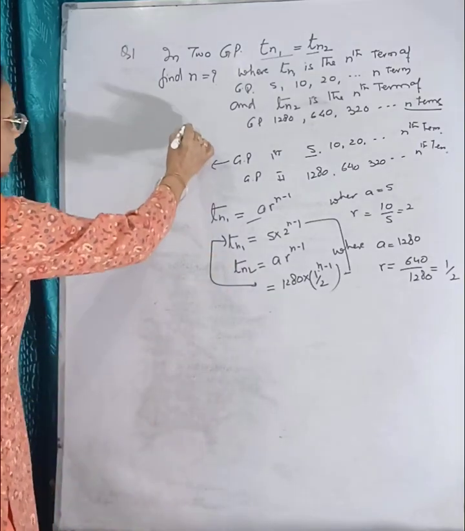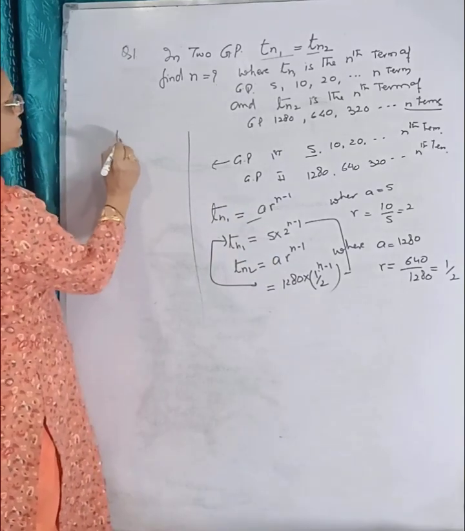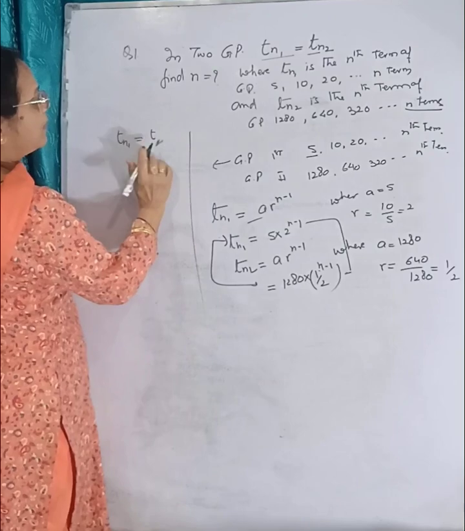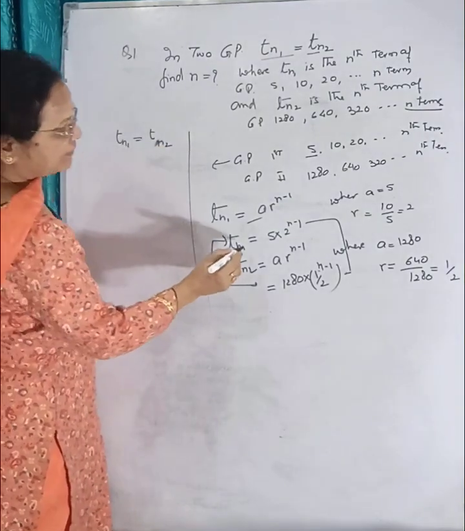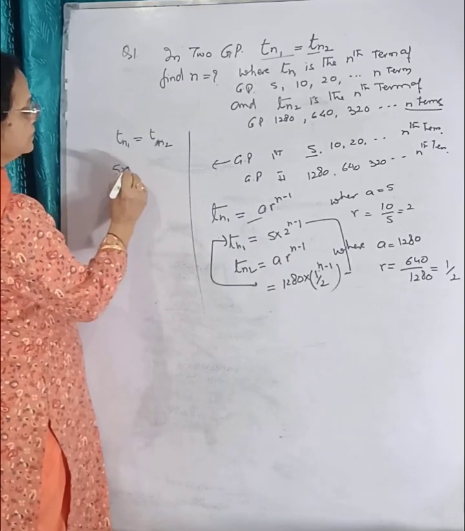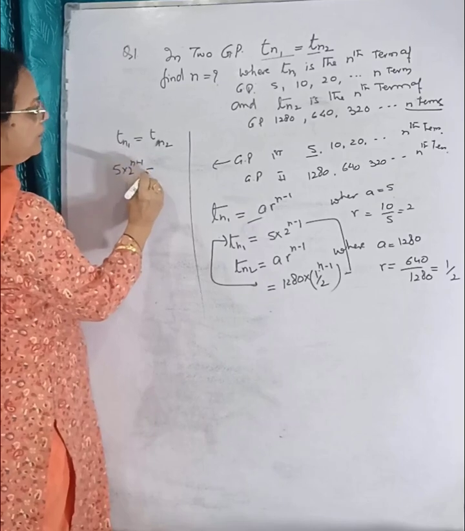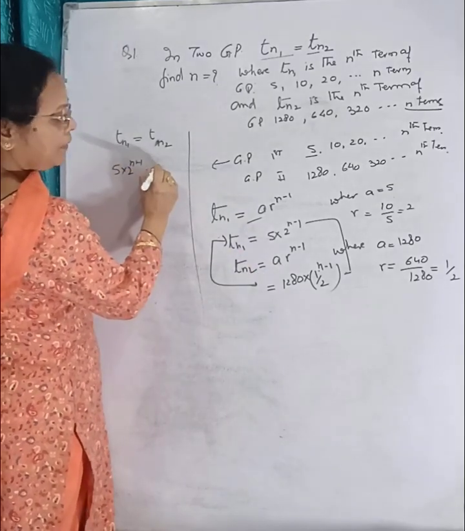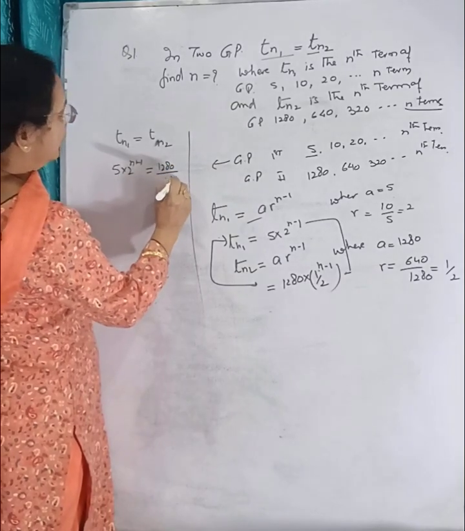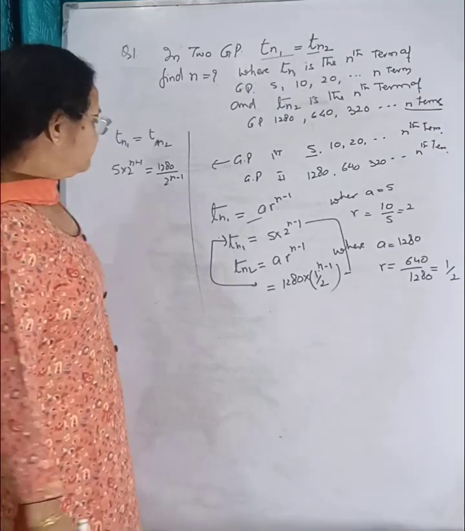Putting these two equal, because term number 1 is equal to term number 2, we can write 5 into 2 to the power n minus 1 will be equal to 1280 upon 2 to the power n minus 1. Clear? It is very much clear.